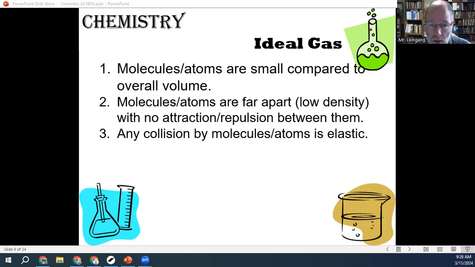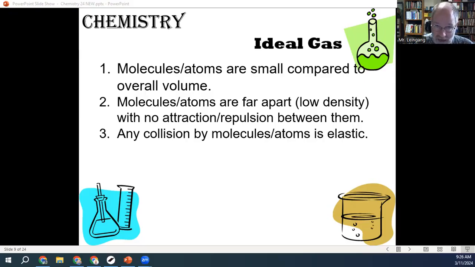And this is the third part of an ideal gas. When the molecules bump into each other, it's an elastic collision, which means there's no energy lost. If you and I bump into each other, there's going to be some kinetic heat energy created between us through friction. Anytime two surfaces come into contact, there's friction.